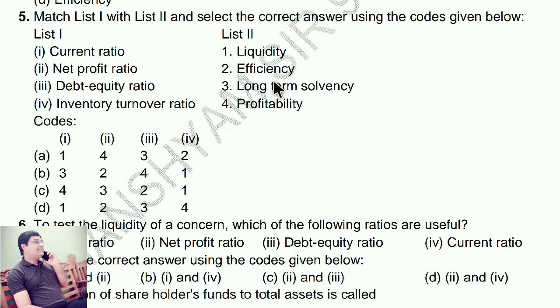So the answer of this fifth one is A: 1, 4, 3, 2. Current ratio is liquidity, net profit ratio is profitability, debt equity ratio is long-term solvency, inventory turnover ratio is efficiency. Okay, this is the correct match.